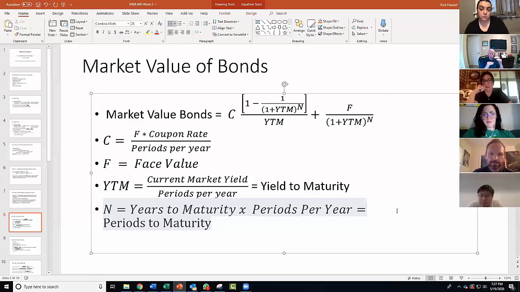And when we're talking about the current market yield, we're talking about what it would cost us to issue this exact same type of debt in today's market. So not what it was originally priced at, not what it was originally yielding, but today. The coupon rate would have been synonymous with the yield to maturity at the point that this bond was issued. But once interest rates changed, those two values diverged, okay?